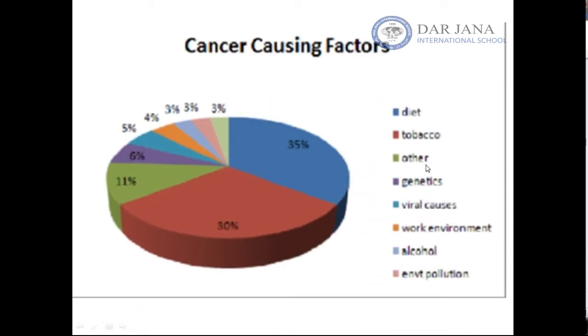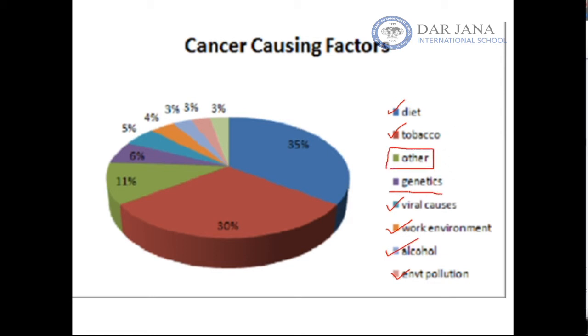So cancer has many causes. This pie chart shows the causes of cancer. Let us look together. So we have diet, tobacco smoking, viral causes, work environment, environmental pollution, alcohol, and other causes.